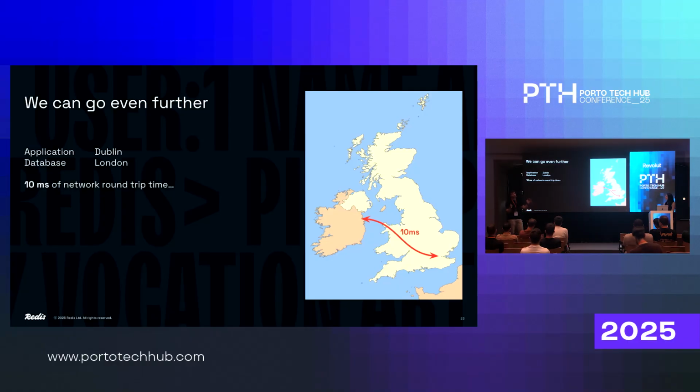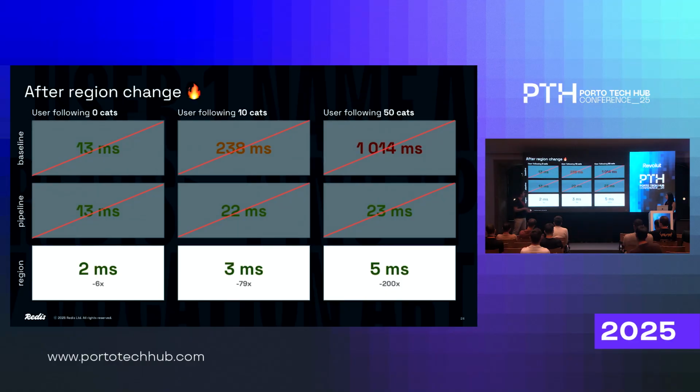But even those 2 trips, we are paying 10 milliseconds for each. So if we collocate the application in the same region as the database, then we expect that latency, that round trip, to be much lower. And that's what we did in the next slide.